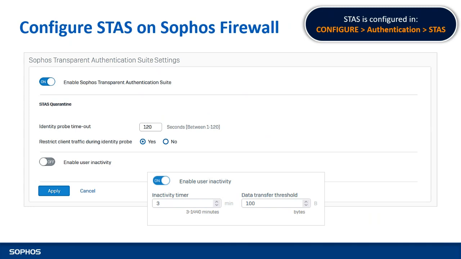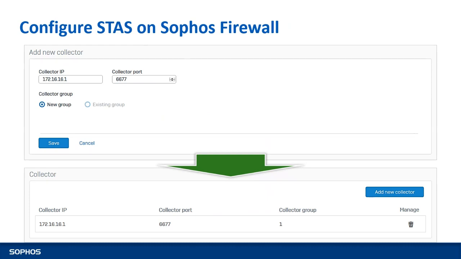Once this is installed, this is enabled on the firewall, which is done in configure, then authentication, and then STAS. You can configure how long Sophos Firewall will try to probe for the identity, and whether access should be limited while it tries to confirm the user's identity.